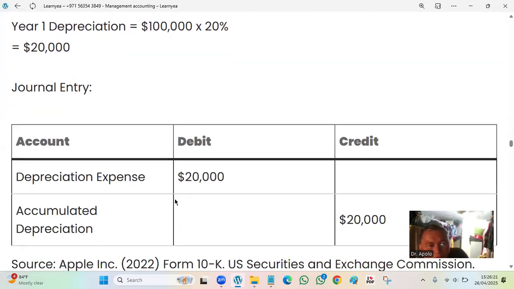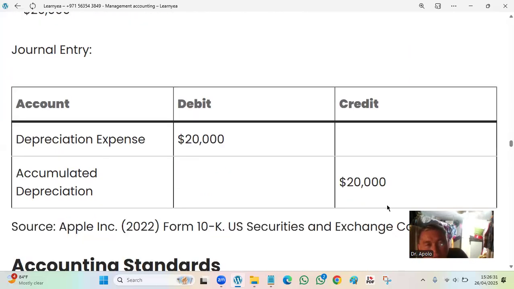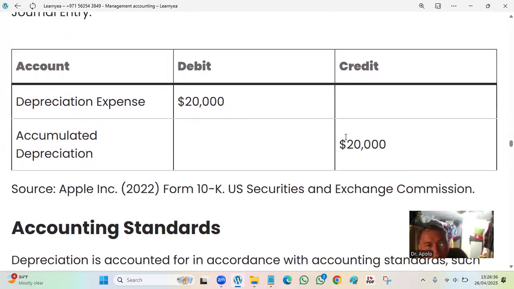So this is how the entry looks. Similar entry: depreciation expense and then accumulated depreciation, because it will be charged on the profit. That means the company must separate or allocate this amount in replacement of the property. So that's the purpose of this one.